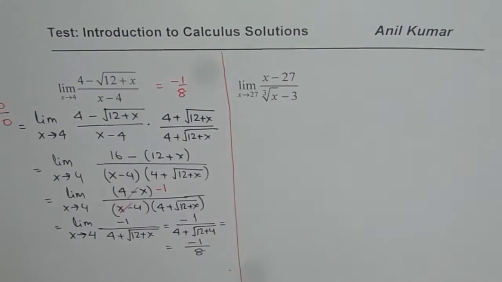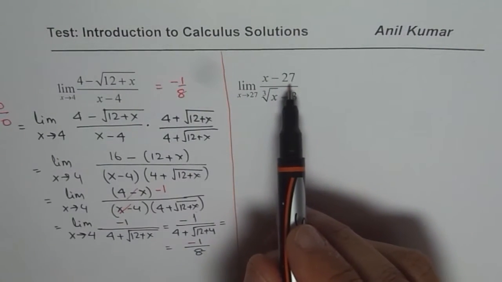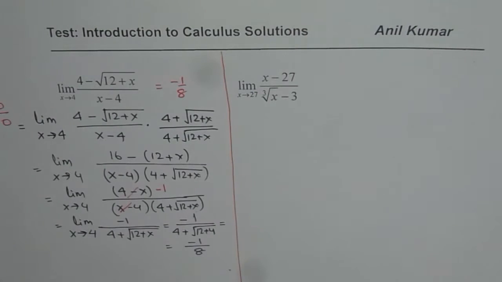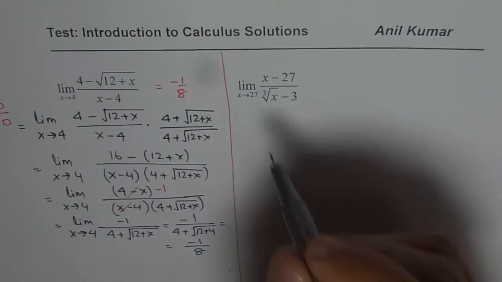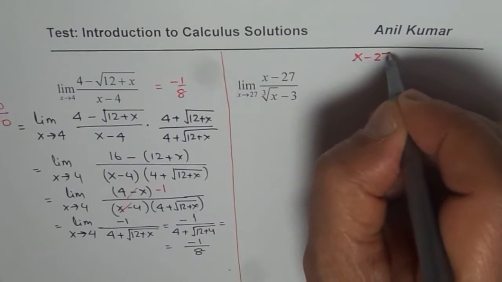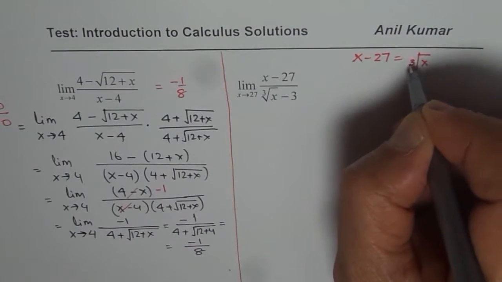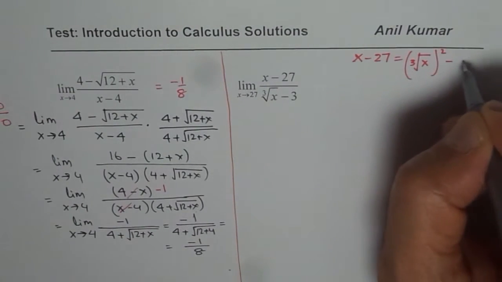Now this one you could do in two different ways. One is you can expand and simplify, and the other is you can do substitution of variables. So let me show you how. Let's look into the factor x minus 27. That could be written as cube root of x whole cube minus 3 cube.